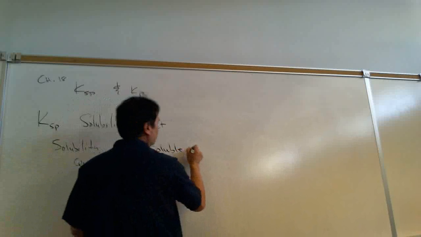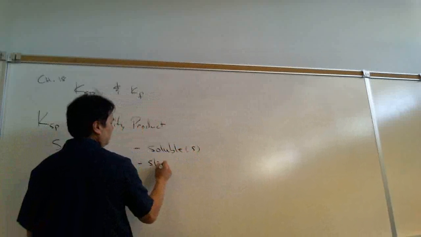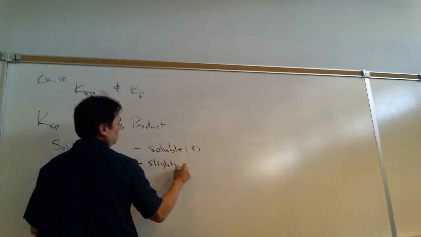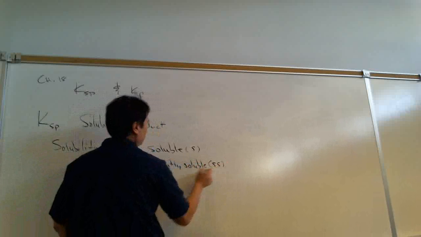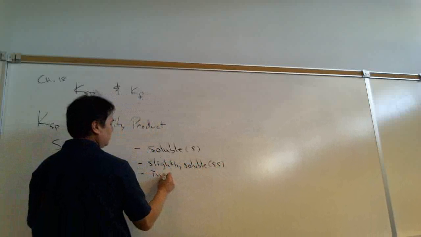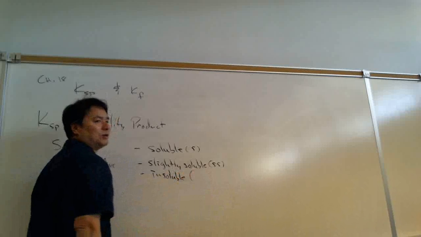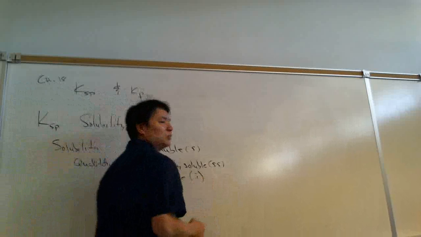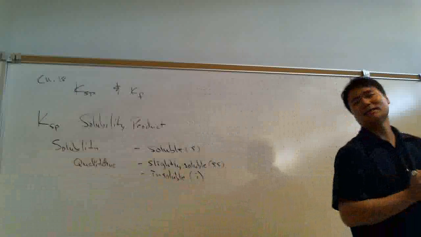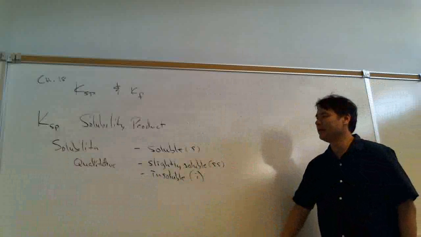Soluble, or S. We have slightly soluble, SS. And we have insoluble, which gets the symbol I. And so what do these mean? Well, it just means it's soluble or insoluble or somewhere in between.